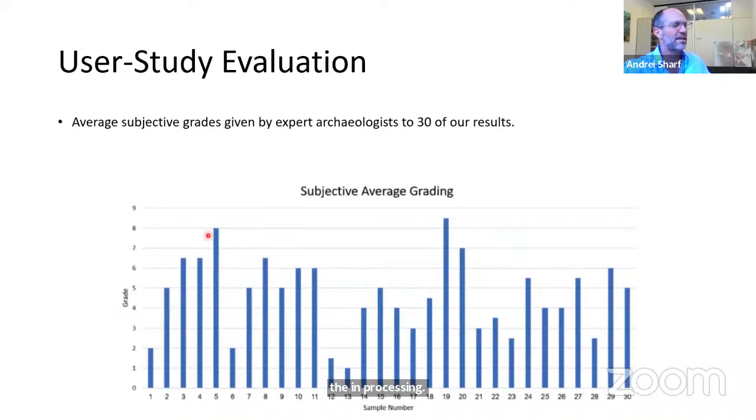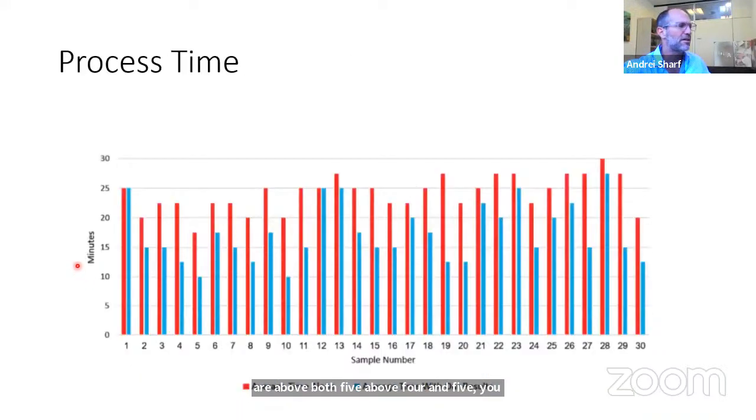We also did a more extensive user study evaluation where we gave these results, these masks, to archaeologists and asked them to grade their quality. And we see that in the majority we are above 4 and 5 in a grade of 1 to 10. And more importantly, we could see that our masks in general improve the processing time.